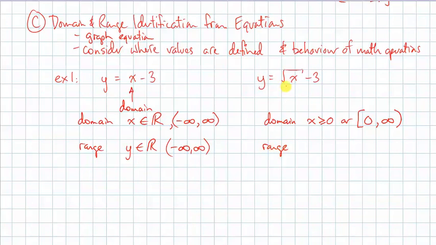The very smallest answer I can get is square root of 0, which is 0. Then I take away 3. So I'm getting progressively bigger numbers from 0 minus 3. That means y is always at least negative 3 or more. With interval notation, negative 3 square bracket to infinity. All right, that's the basics of domain and range notation and identifying them.